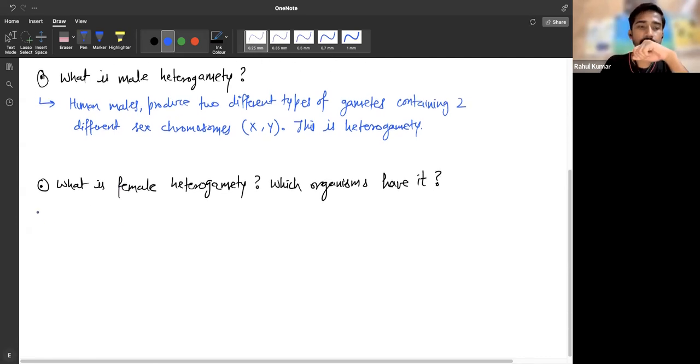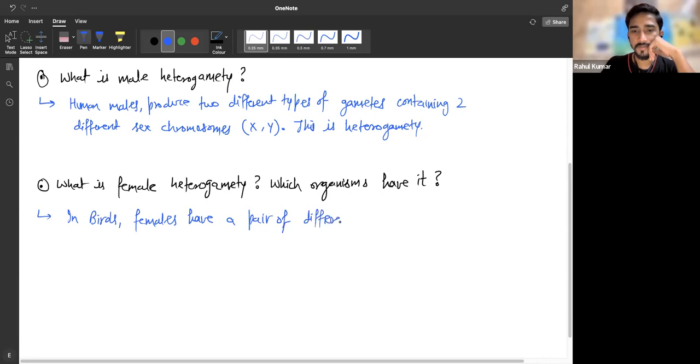So we can write down, in organisms like birds, females have a pair of different sex chromosomes, which is the case in human males.